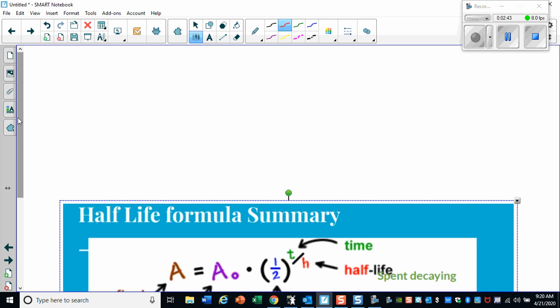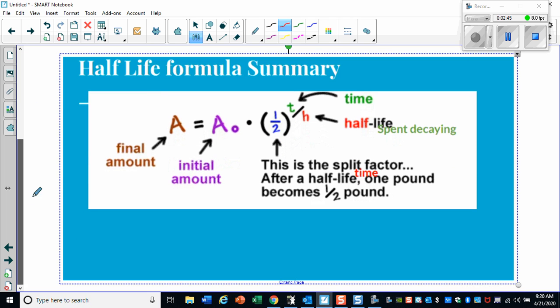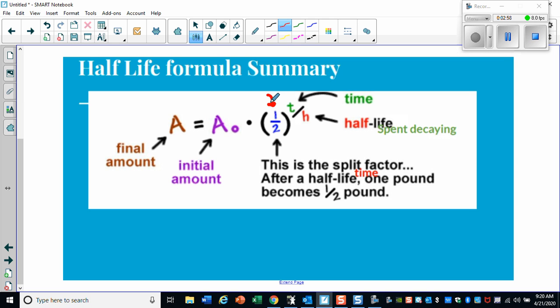All right, so let's just take a minute and look at our half-life formula. Our half-life formula here is, this is our final amount that we end with. A sub naught is our initial amount, or what we started with. This is always going to be 1/2 because you're taking your initial amount and basically multiplying it by 1/2 each time. And I'm sorry that these got messed up. Now you have your numerator here.